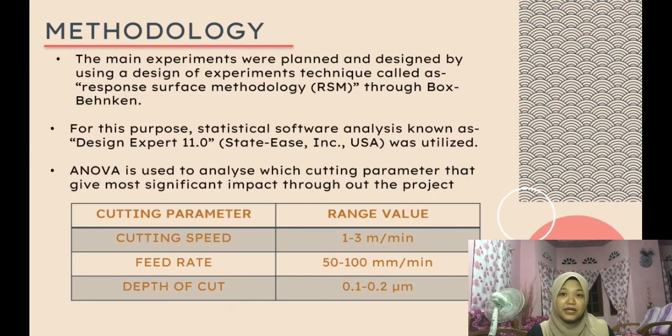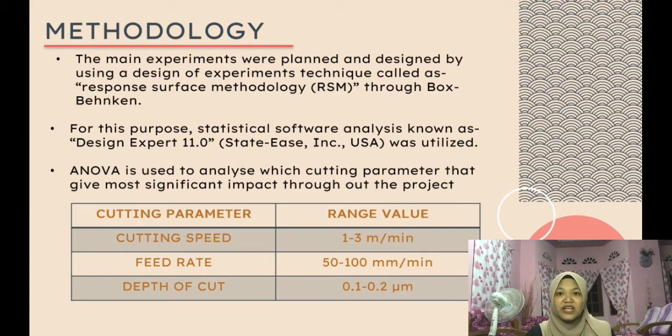The main experiments were planned and designed using a design of experiment technique called Response Surface Methodology (RSM) through Box-Behnken design. For this purpose, statistical software known as Design Expert 9.0 was utilized. The table shows the cutting parameters and range values of the project.